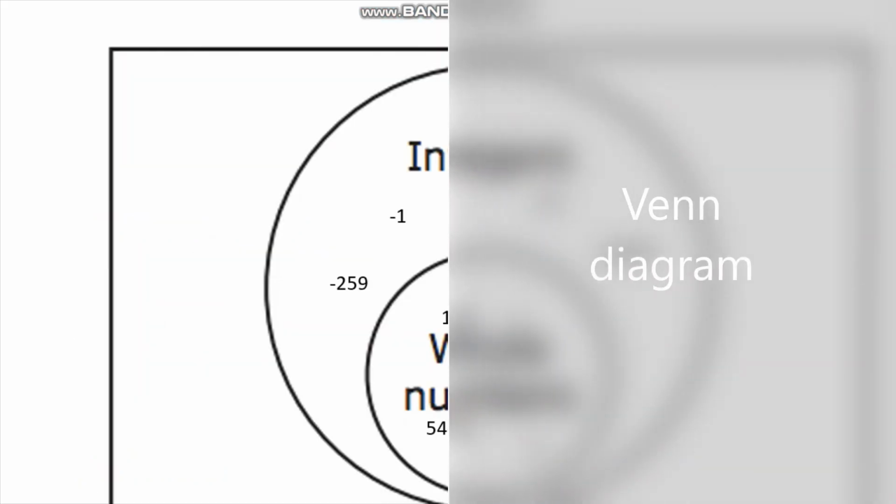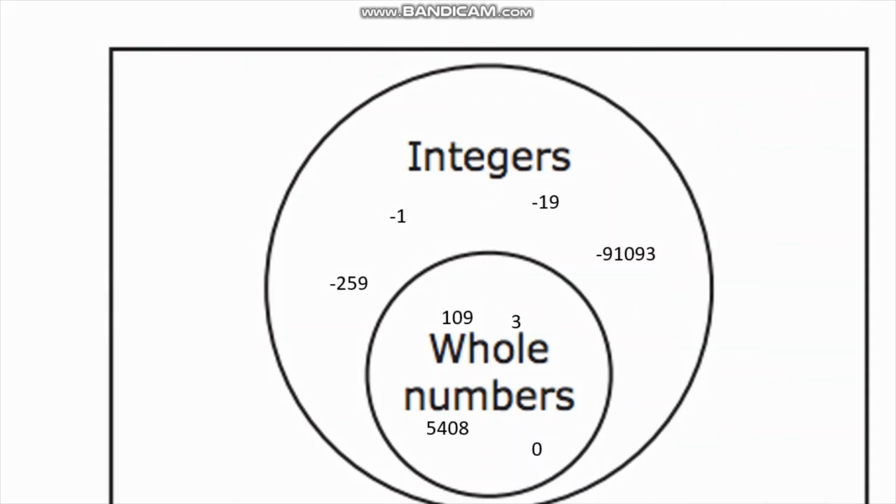So here we have a Venn diagram that will help us understand this easily. We have two sets here. One is the set of whole numbers and the other is the set of integers. We can see that the set of whole numbers is contained inside the set of integers.